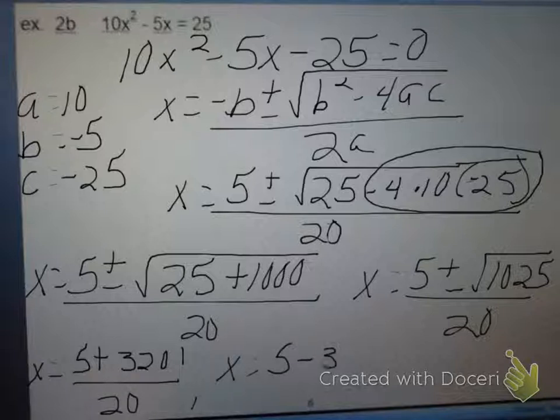minus 32.01 over 20. Now using your calculator, 5 plus 32.01, hit equals, then divide by 20. And again, you can round that to the nearest tenth.